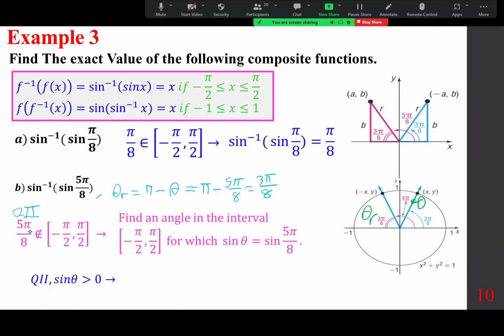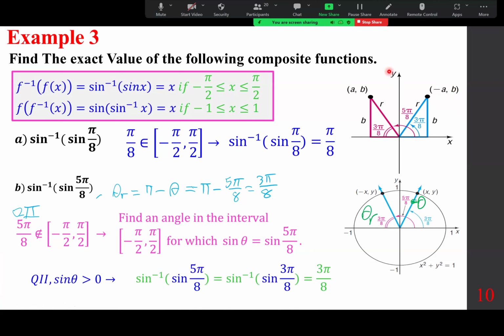You can see that they have the same y coordinate, if you will. Different x's, one positive versus negative, but they have the same y coordinate. And so sine inverse of sine of 5 pi over 8 is the same as sine inverse of sine of 3 pi over 8, or just 3 pi over 8. The fastest way: if it's in the second quadrant, find the reference arc. That's all there is to it.